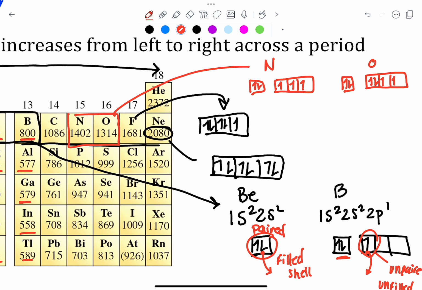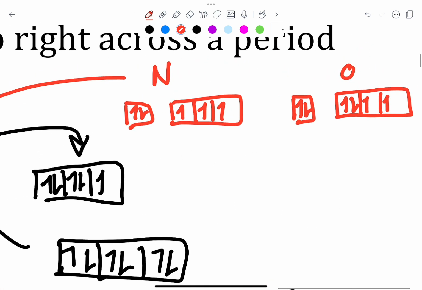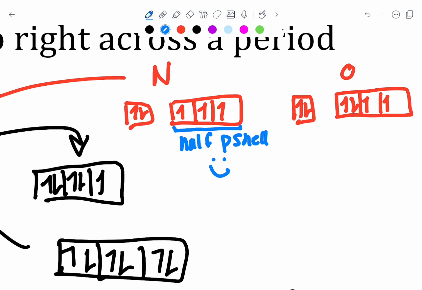Okay, they change by one electron. Here, nitrogen has a half-filled p orbital, or half-filled p shell. Okay, and that makes nitrogen very happy. Whereas in oxygen now we have one of these electrons that could easily come out and be left with a half-filled shell.